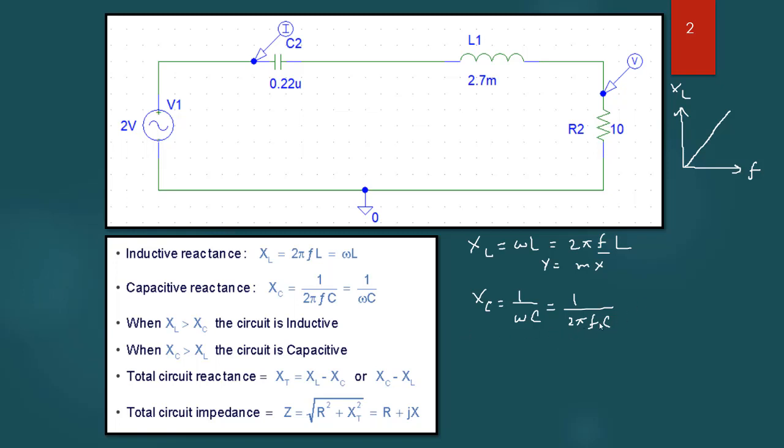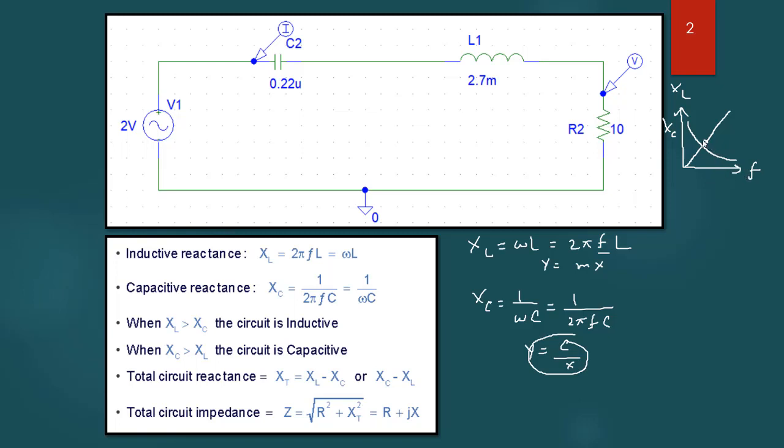This is the equation of a hyperbola, y equal to c by x, and if we plot this, the graph will look something like this. When the frequency increases, the value of XC will decrease. When the value of f is low, XC will be higher, and when f is high, the value of XC will be lower. So, we can yield this graph by varying our frequency.